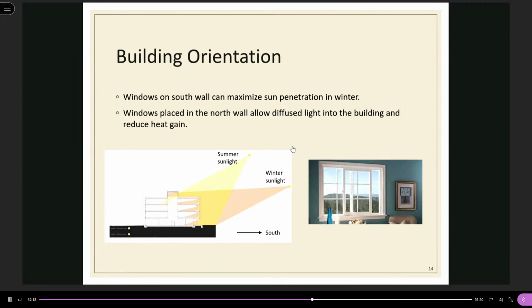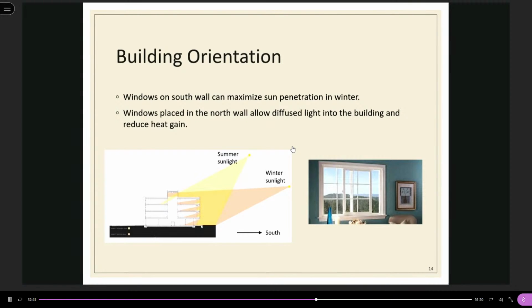Windows on the south wall can maximize sun penetration in winter, because we are in the northern hemisphere. Windows placed in the north wall allow diffuse light into the building and reduce heat gain. For a window facing north, although we don't have the winter sunlight, the skylight is a good daylight source because it is diffuse.